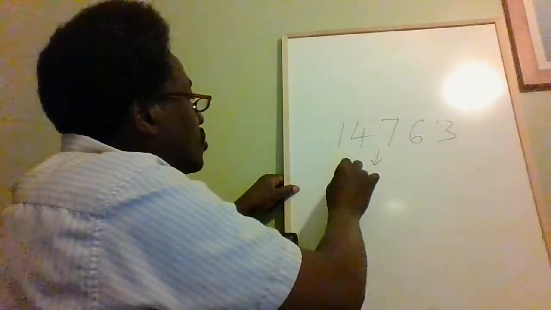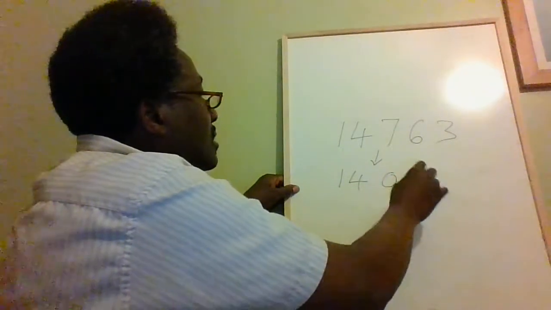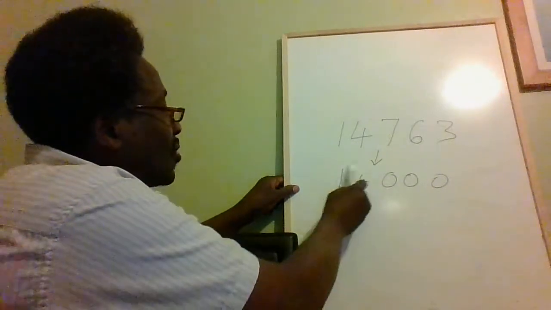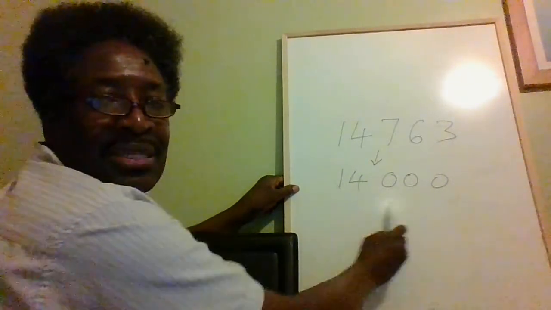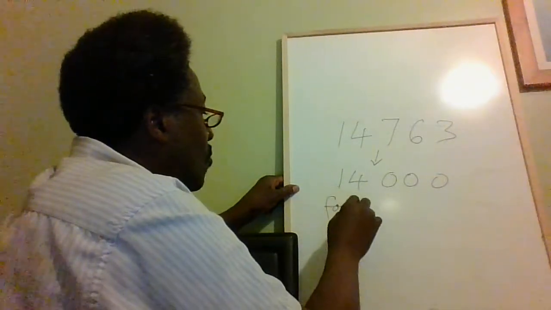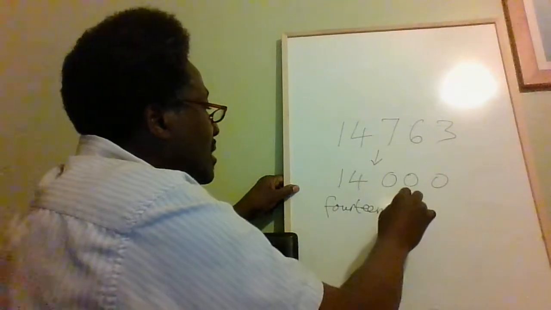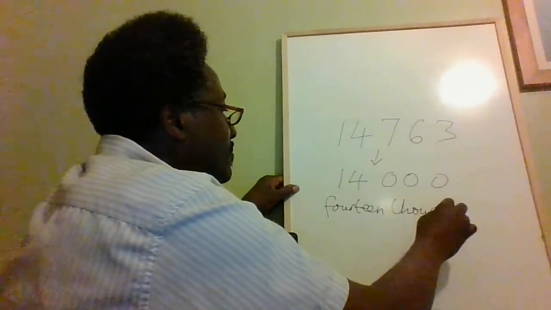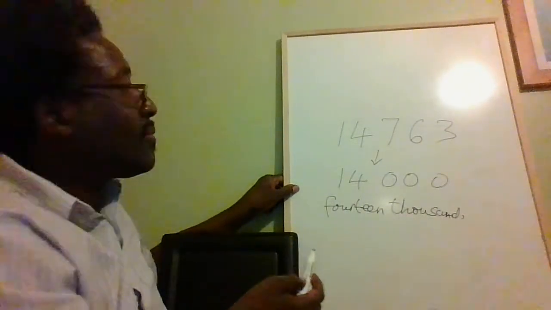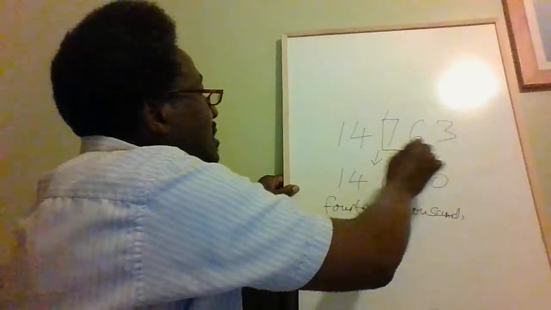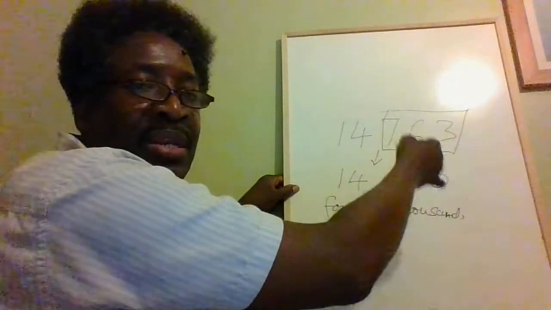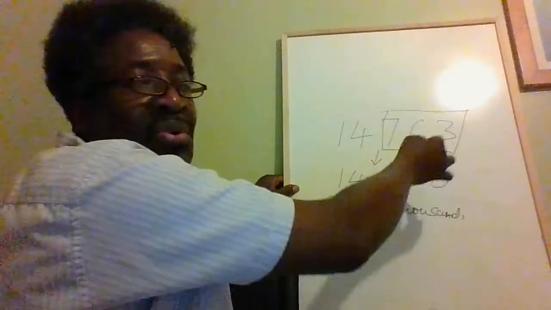So keep the first 2 digits, 14, then make the other 3 zeros. So you can clearly see this is 14,000. Remember, 1,000 has 3 zeros. So this is 14,000. So you write that in words. 14,000. Don't forget your comma. Then you say this number here in words. And by now, if you've been watching the other videos, you should know this is 763.